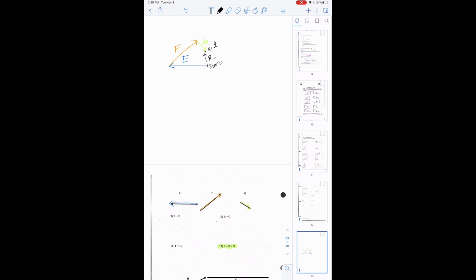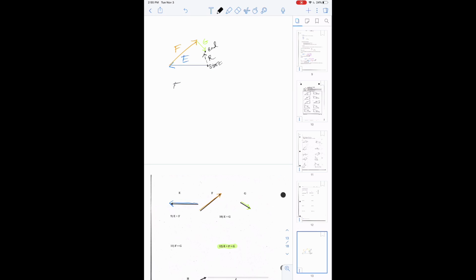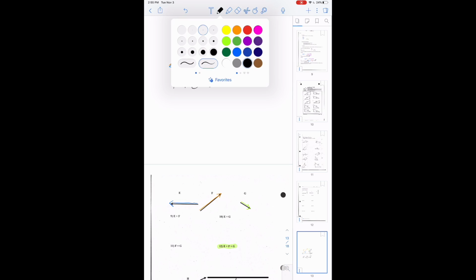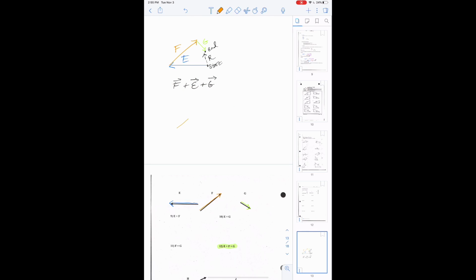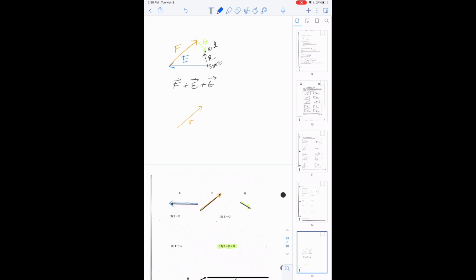All right, what if I would have done a different order, right? What if I would have done F plus G plus E? Or F plus E plus G? Let's do that. So what I'm saying is, what if instead I would have done F plus E plus G? All right, well, then I'll start by drawing F. I'll then put E next, head to tail with F. So it's going to look like this.